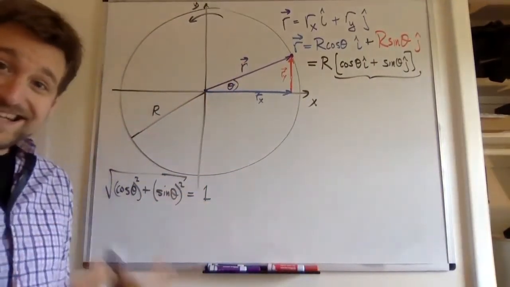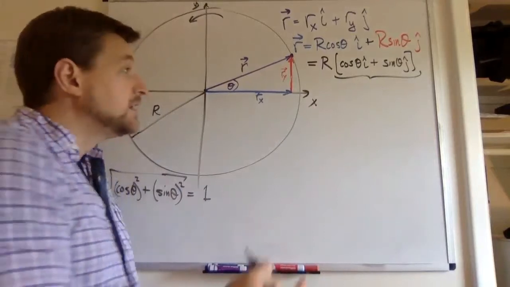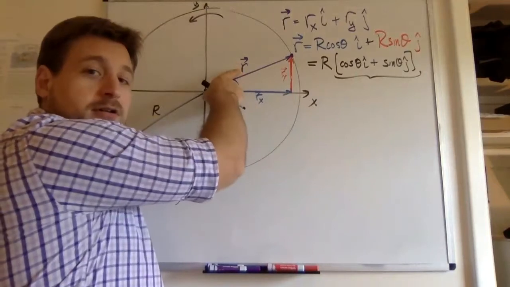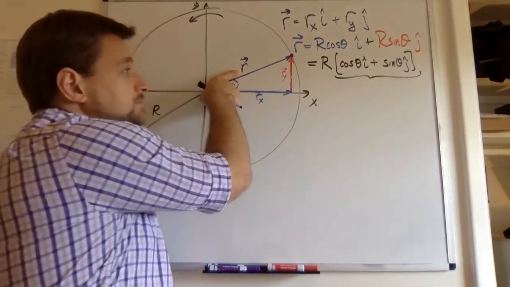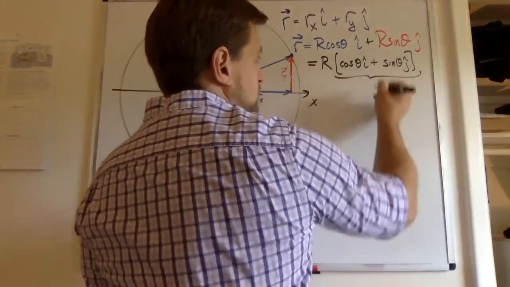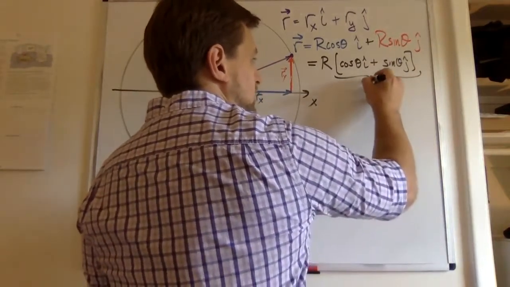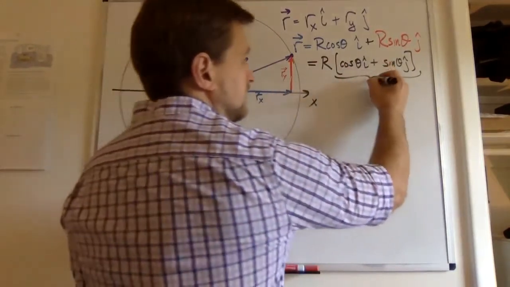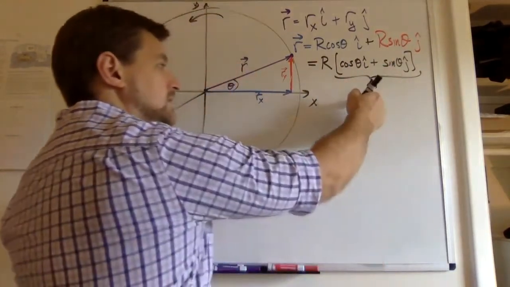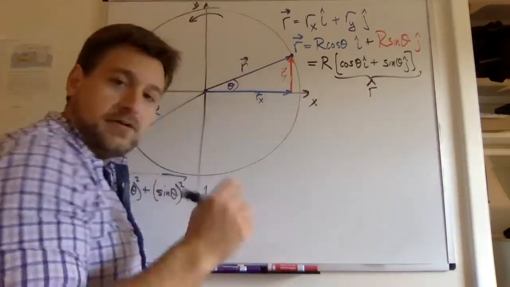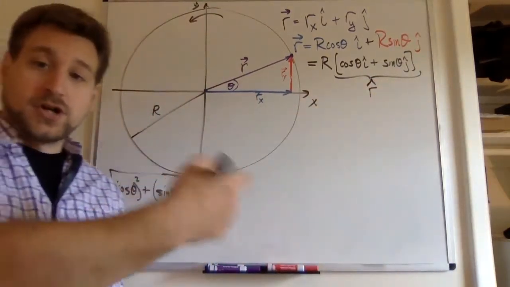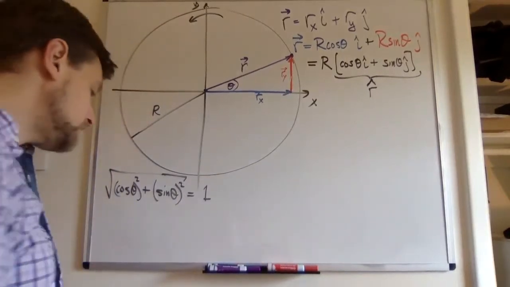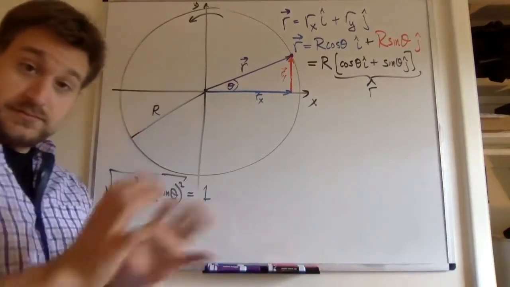In other words, it is a unit vector. It's a unit vector in the direction of lowercase r, the position vector. So this thing in square brackets, I'm going to call r hat. It's a unit vector, so it gets a hat, and it's in the direction of vector r, the position vector. Cool. So far, so good.